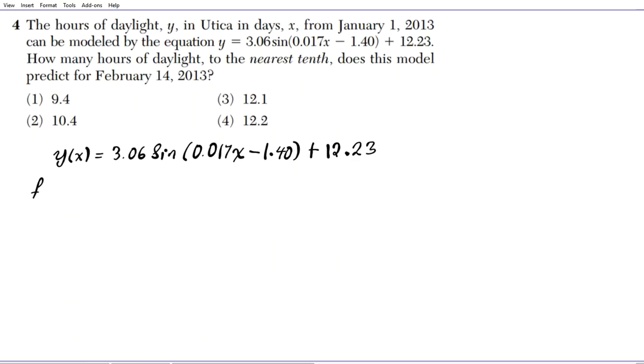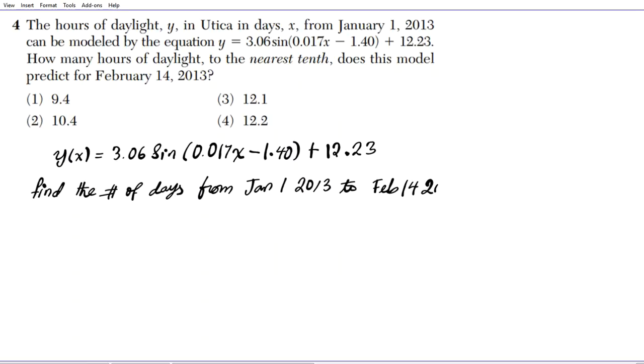Okay, we're going to be using our calculators for this computation. So we want to find the number of days from when? From January 1st, 2013 to February 14. Okay? Alright, so let's do it. Well, it's easier to do it month by month.